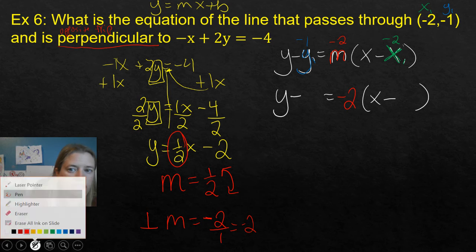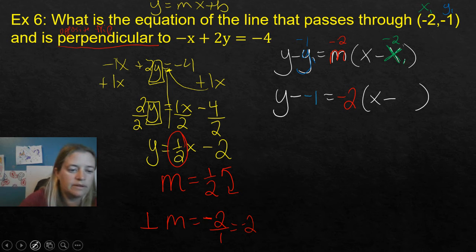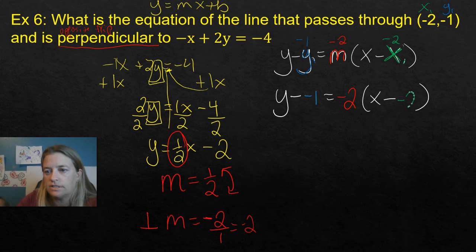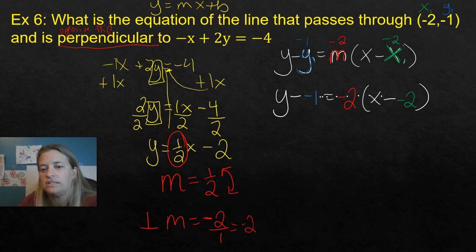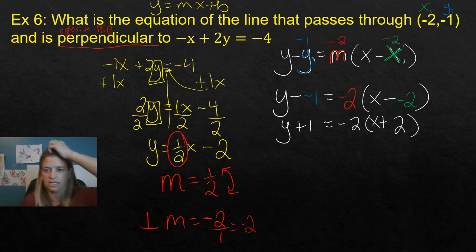And then we're going to put -1 because that's our y coordinate. And we're going to put in -2 here because that was our x coordinate. And then just like what we did before, we're going to clean those up a little bit. Double negatives become positives. That's a little sloppy, but hopefully we get it.